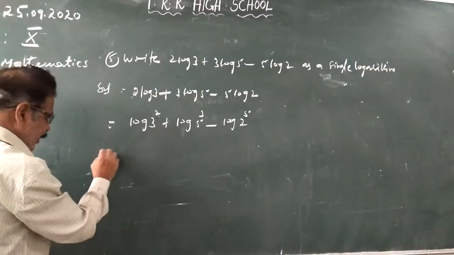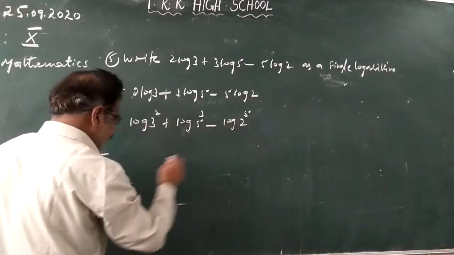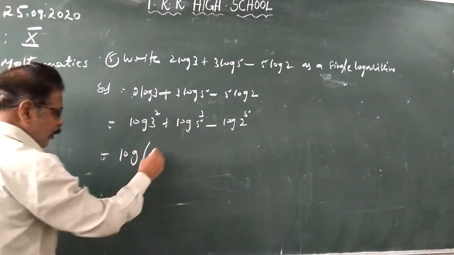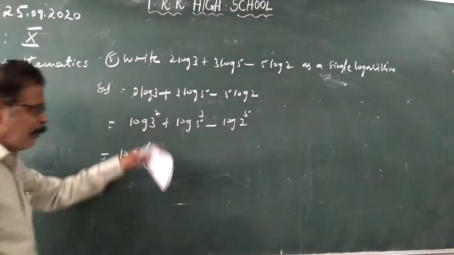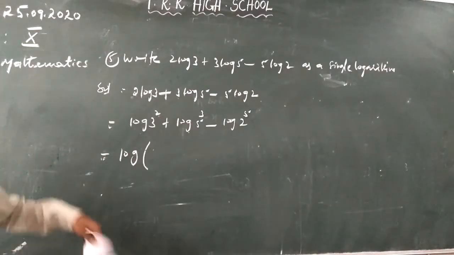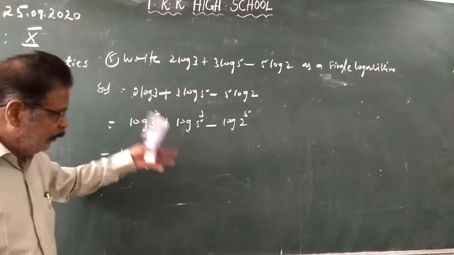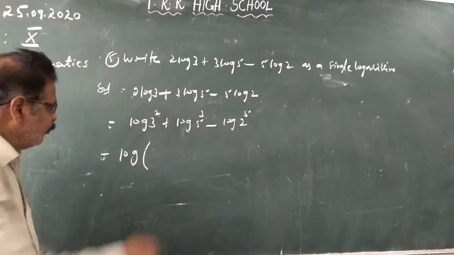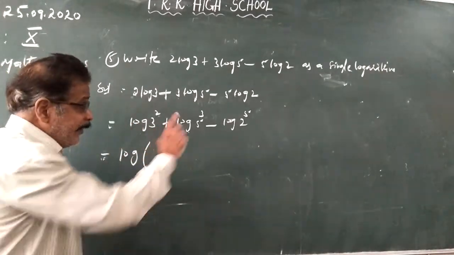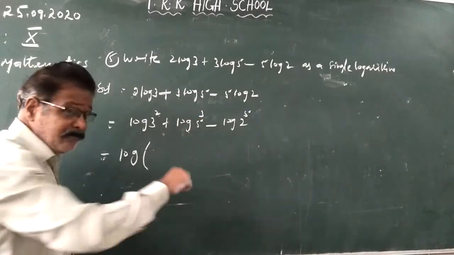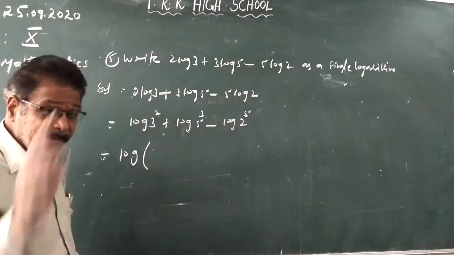Now take it as a single logarithm: single logarithm means you write one log outside the bracket. In logarithms, the sum becomes multiplication and the difference becomes division. So plus becomes into, minus becomes division.